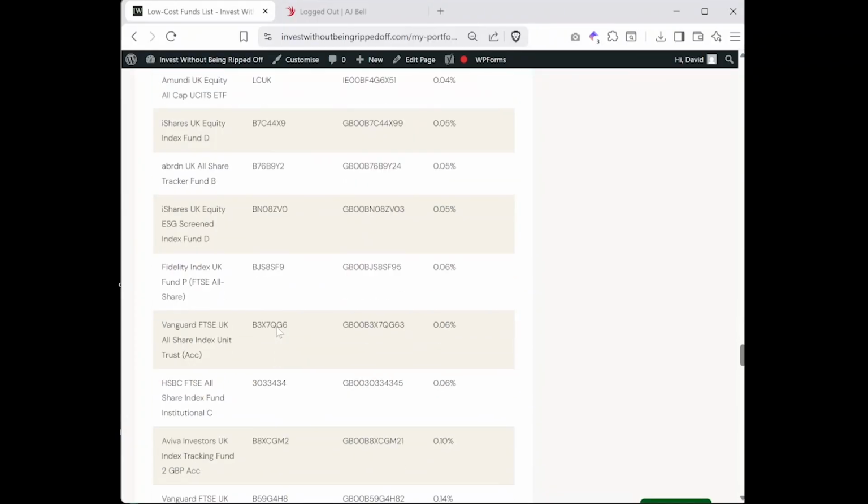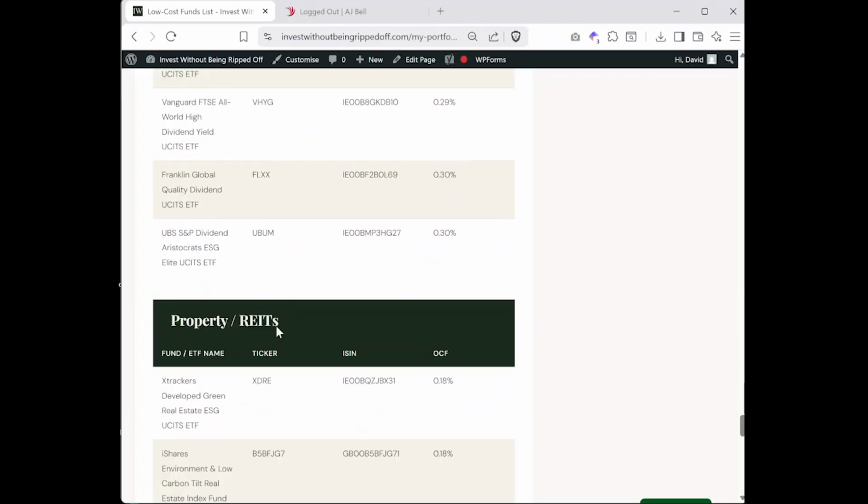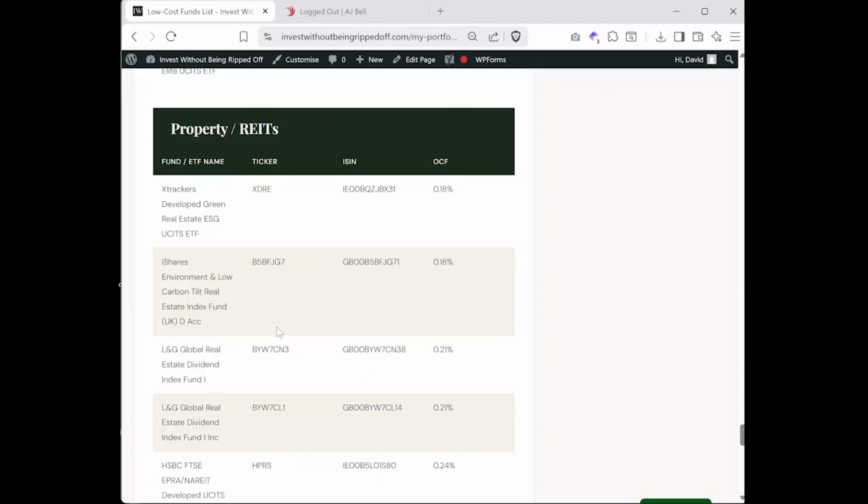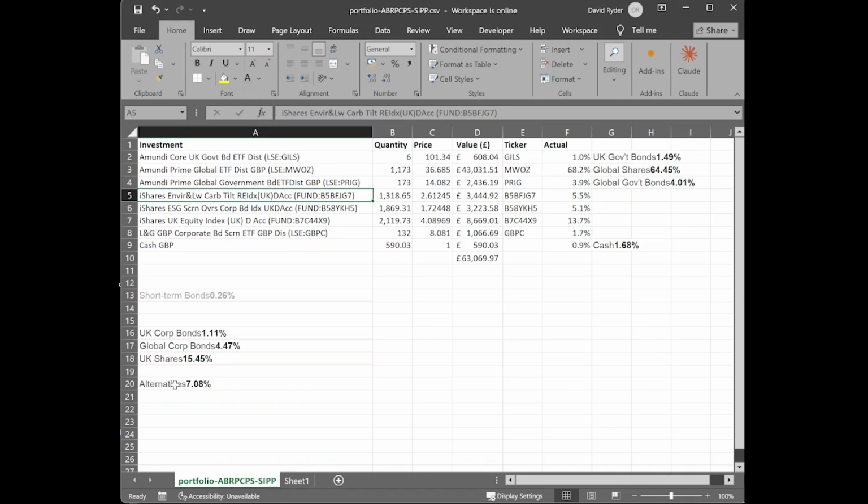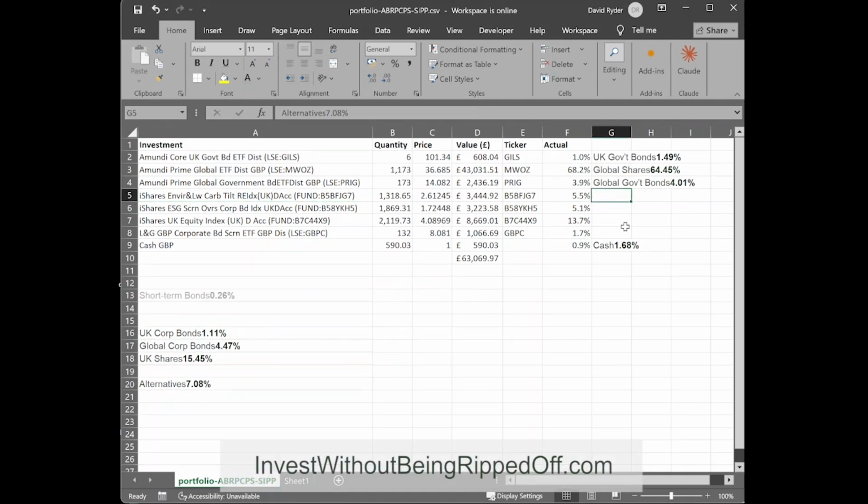Global aggregates, UK shares, and so on. Property real estates, there it is. B5BFGG7, property real estates, which is alternatives. And we go back to that. I'll have to change the title so it's clearer that it's alternatives on the website. I will do that. That will be there before you get to it, all being well.